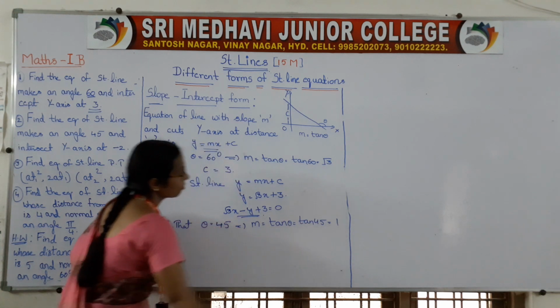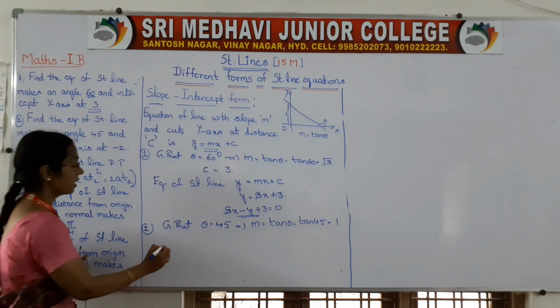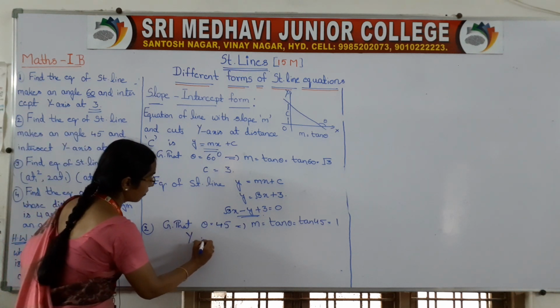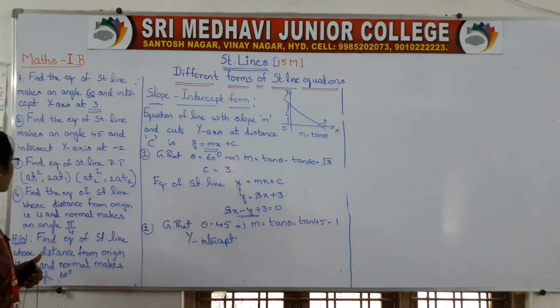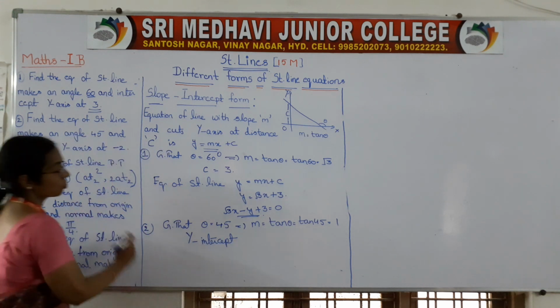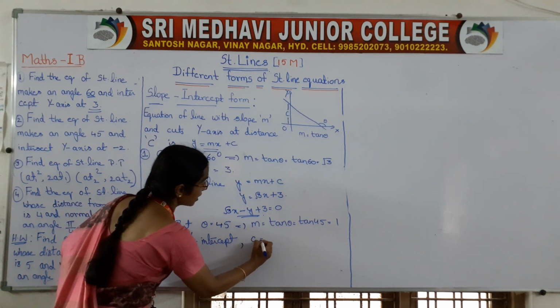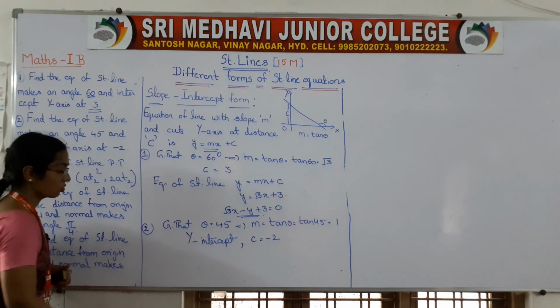You know the value of tan 45? It is 1. And the y-intercept is given to us: it cuts the y-axis at minus 2, so c is given as minus 2.